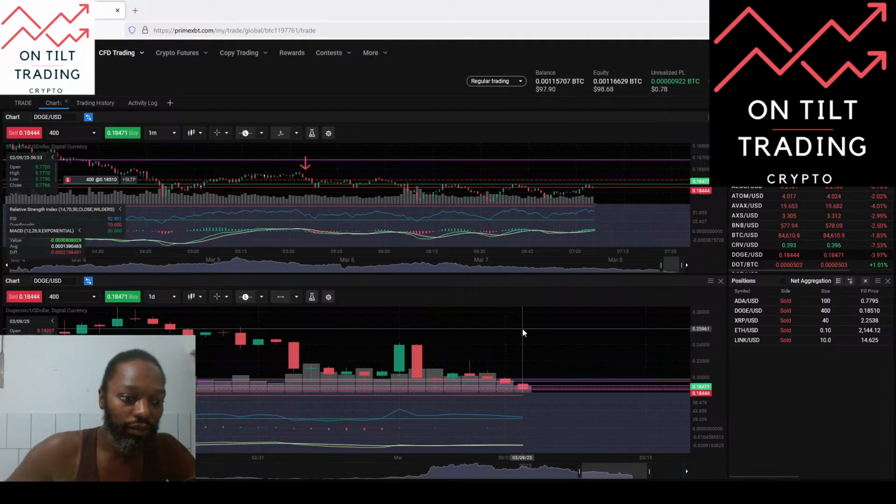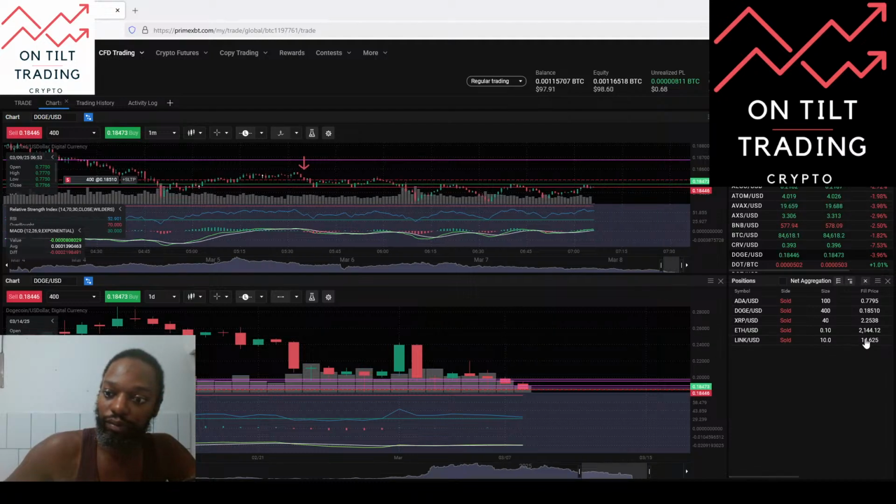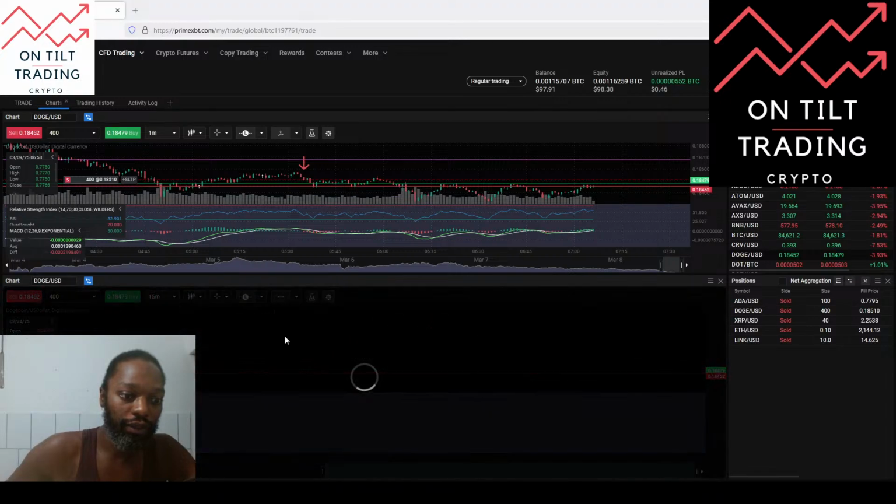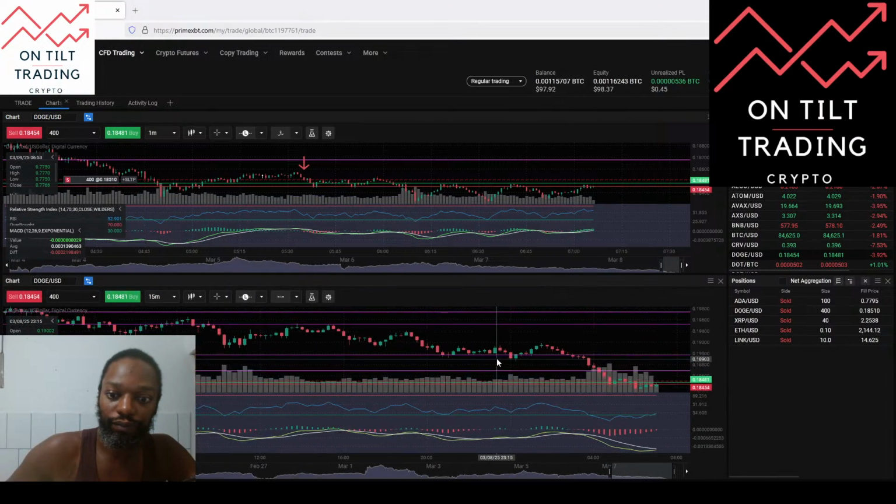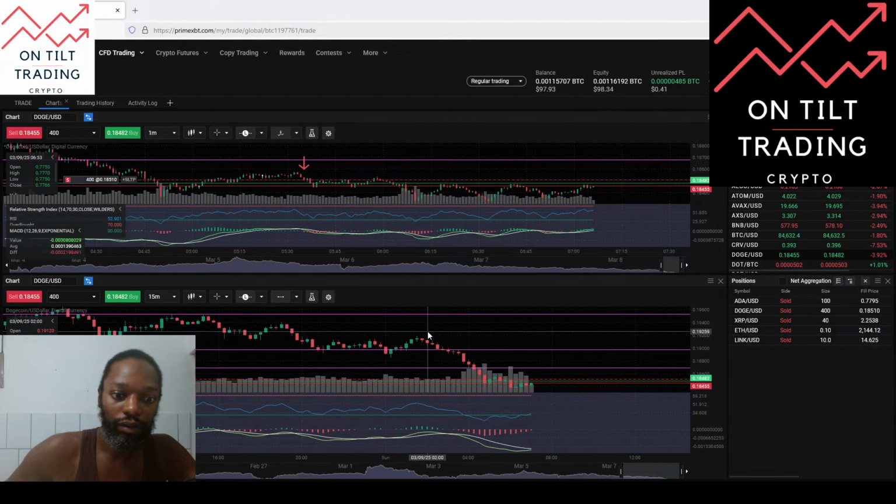So today, Doge on the relative strength index. Today, Doge is coming in at 32. So I only want to short Doge today. Go back to the 15-minute.